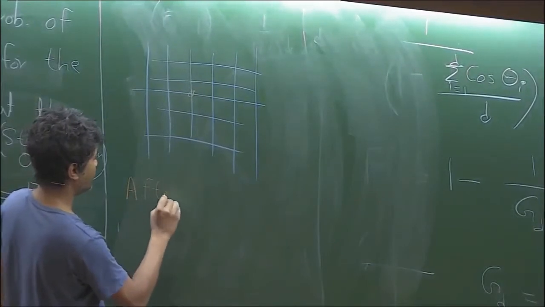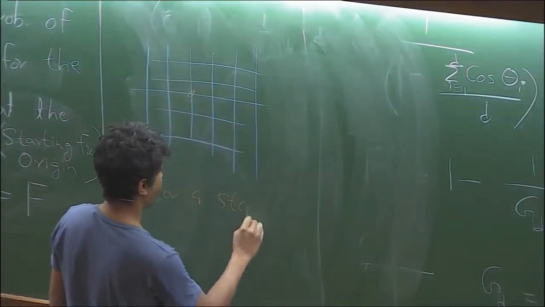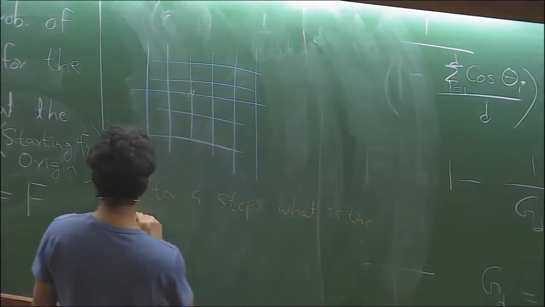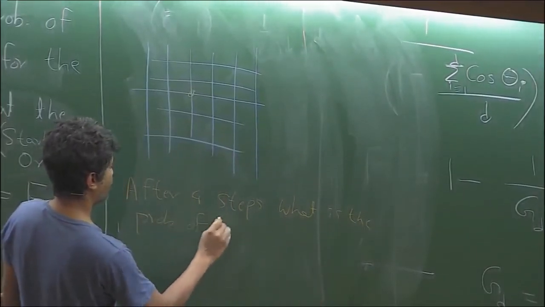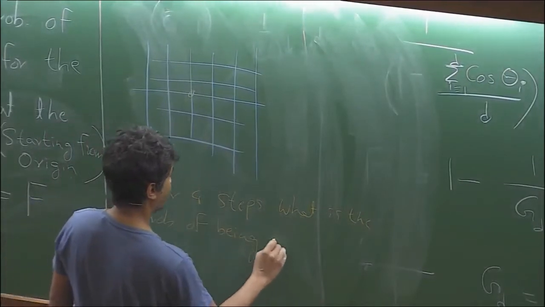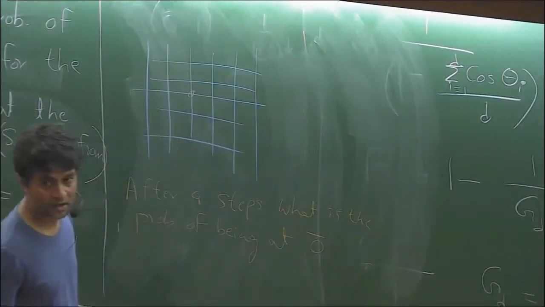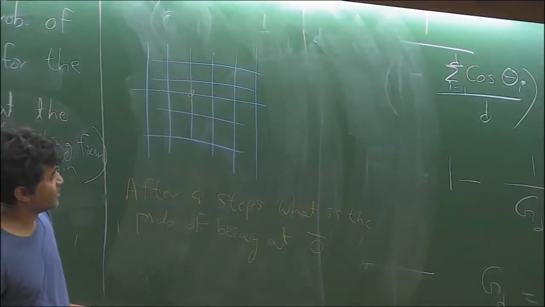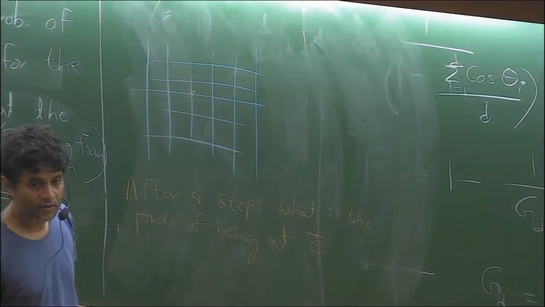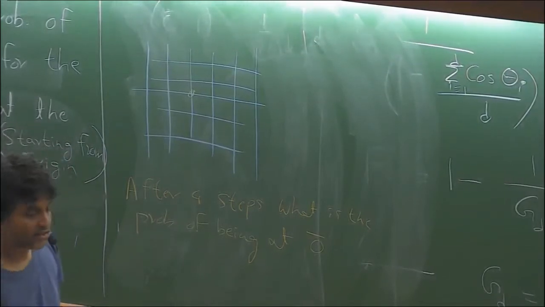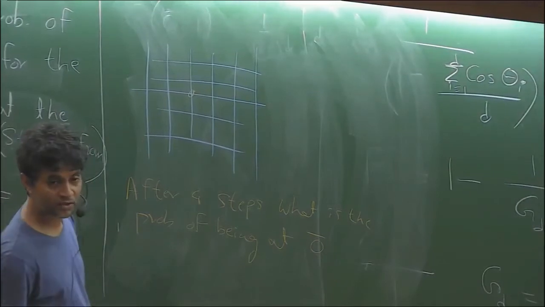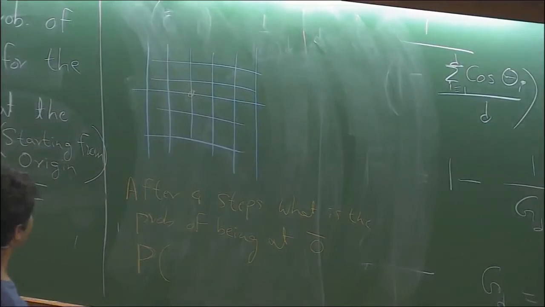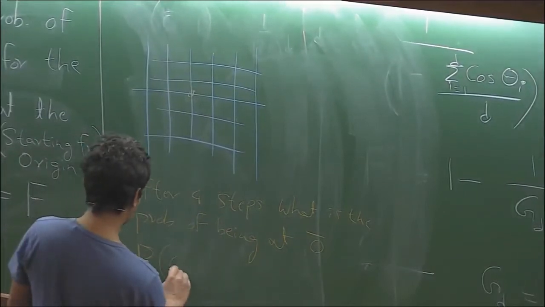After 4 steps, what is the probability of being at the origin? So what is the answer? This is P04.